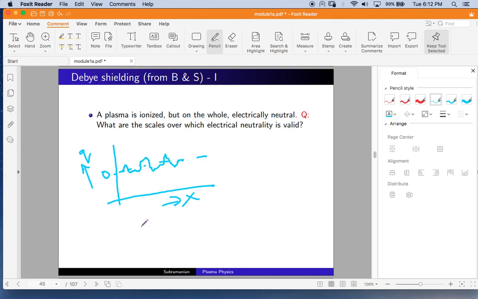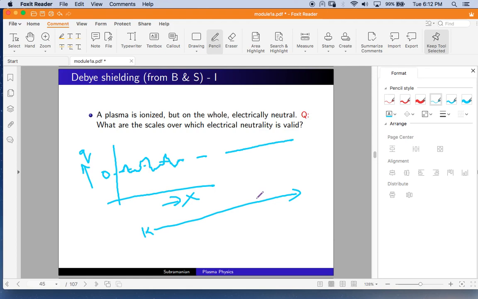But if you took a large enough scale, if you took a very blunt pencil and smoothed things out over a pencil whose tip was as large as this, for instance, then none of this would be visible to you. The plasma would appear just like that, quasi-neutral.